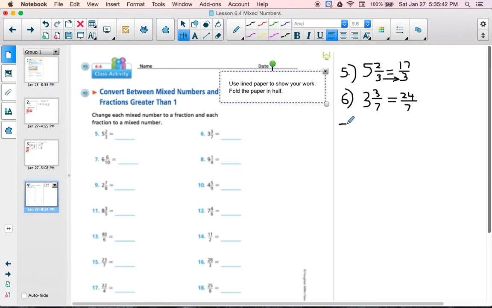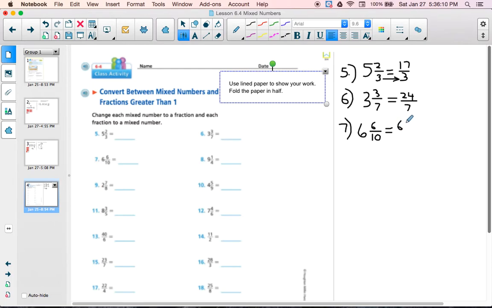Let me try one more, and then I'm going to let you practice on some of them. 6 and 6/10. This tells me your fraction bar has been divided into tenths. 6 of them have been completely shaded in, and there's one more that has 6 out of 10 shaded in. So 10 times 6 is 60, plus 6 is 66.